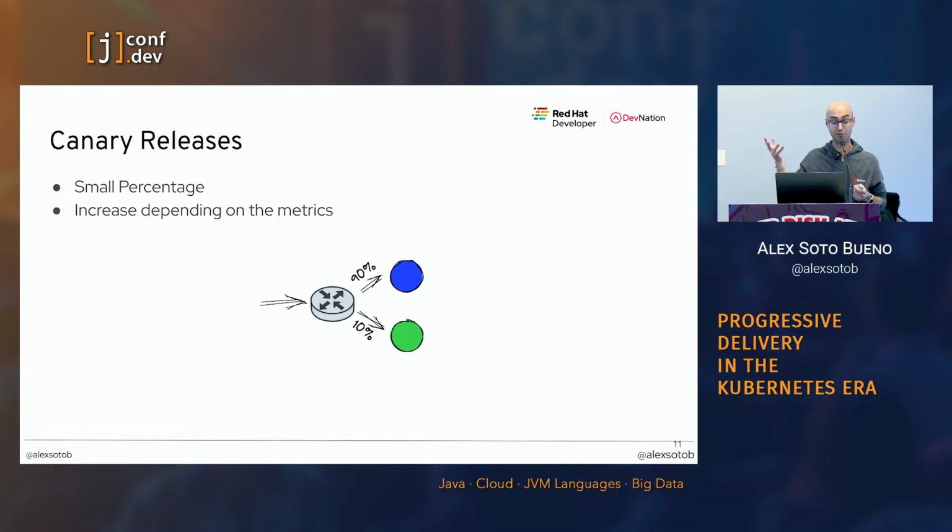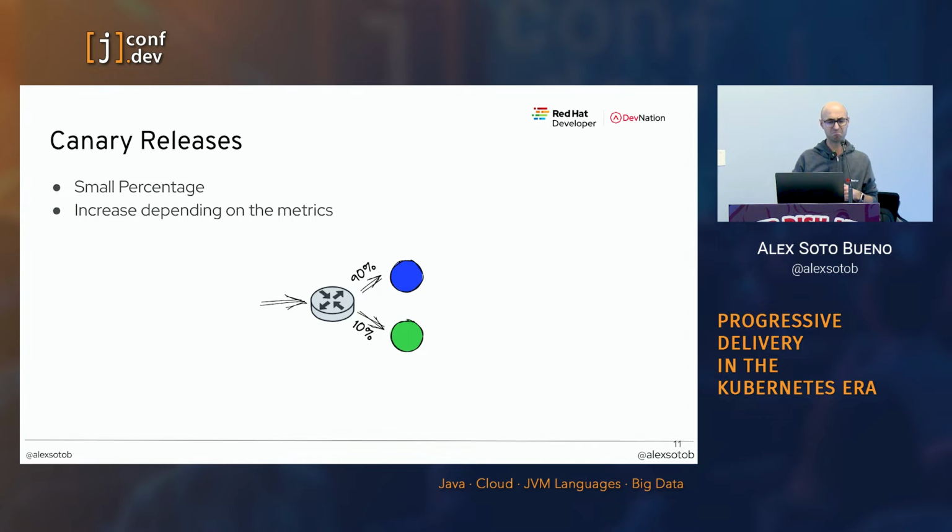So we've got canary releases. Instead of sending all the traffic of all the users to the new version, we are just sending a small percentage. So for example, we can say, okay, now I'm going to send 90% of the traffic to the blue and 10% of the traffic to the green, and see what's going on, see if it works. Now you will start monitoring the green one.